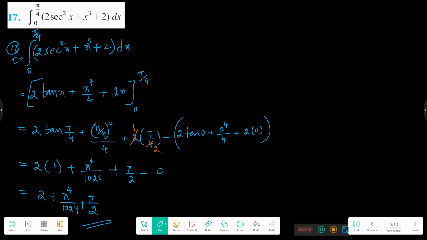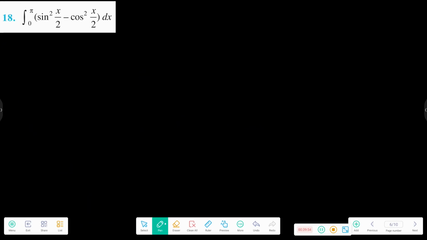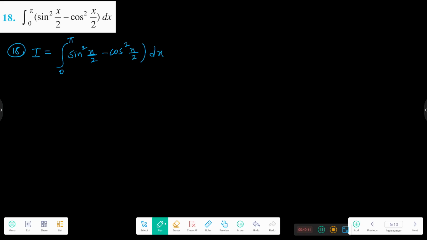That's it. Next we will go to question number 18. I is equal to the integral from 0 to pi of sin square x by 2 minus cos square x by 2, into dx.